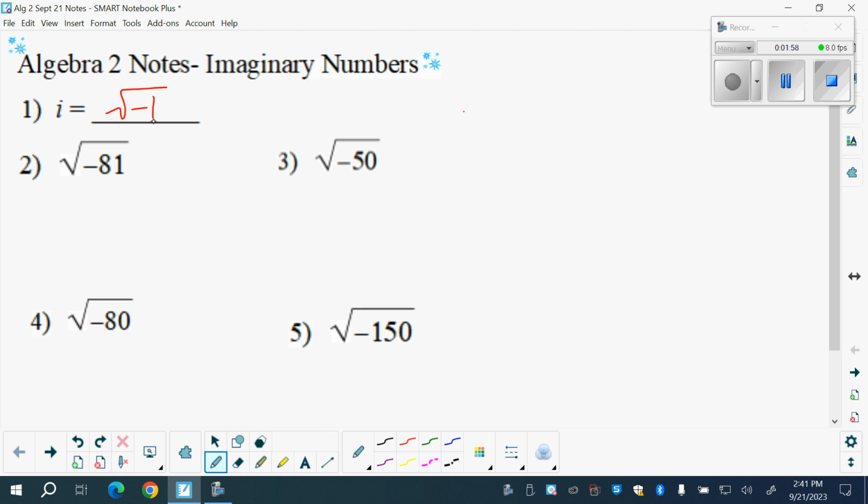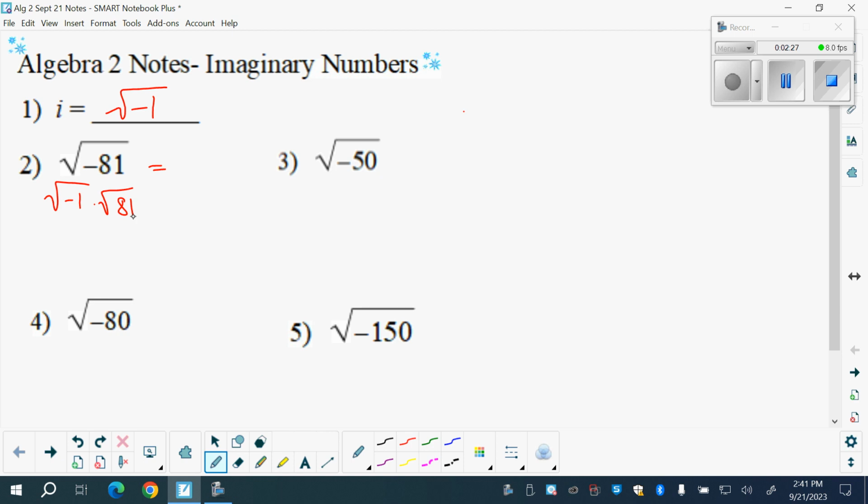So what's different here about number 2? You have a negative inside the square root. So what we do when we have that is we're going to rewrite this as square root of -1 times square root 81. Does that make sense? Because -1 times 81 is -81.